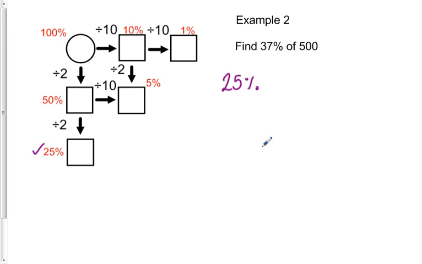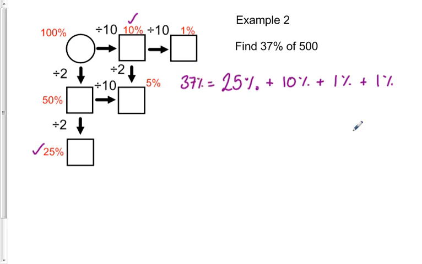We still have another 12 to find, so we know we can fit in a 10% in there. That'll take us to 35%. Now, to get to 37, we need to add on 2. So we're going to need 2 1%s. And that will make 37%.